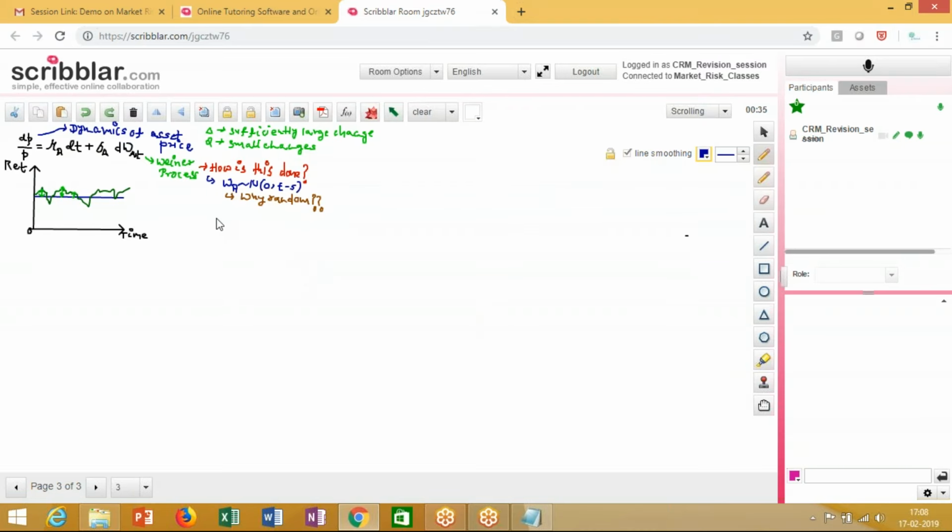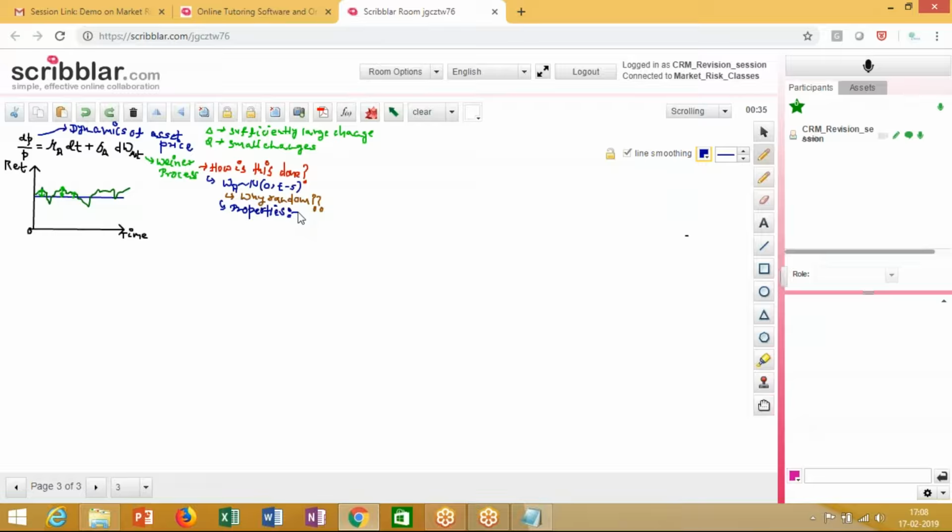the next thing that we do over here is the following. We explore the properties associated with this. The question that comes out over here is the properties.